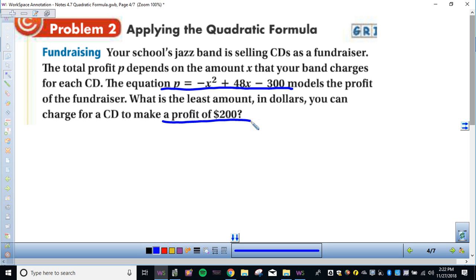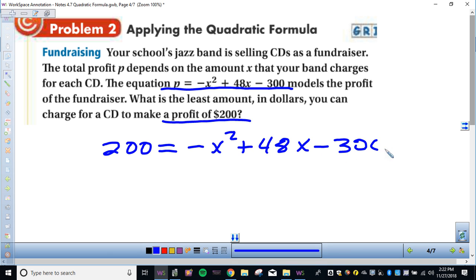What is the least amount in dollars, right? So that means we're rounding to whole numbers because it's in dollars. You can charge for a CD to make a profit of 200. Where's the 200 go in the equation? That should be a really easy question, where the P is, right? P for profit. The profit is 200, so it's 200 equals negative x squared plus 48x minus 300.